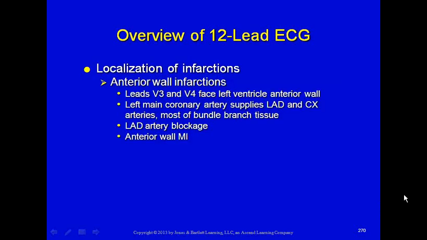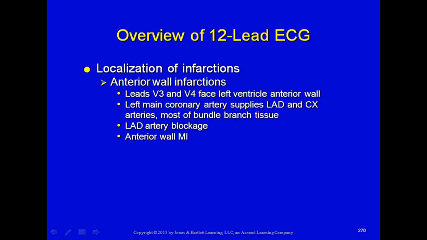Anterior wall infarcts: leads V3 and V4 face the left ventricular anterior wall, and the left main coronary artery supplies the LAD and the circumflex and most of the bundle branch tissue. When you've got an LAD artery blockage, it's called an anterior wall MI. If you've got elevated ST segments in V3 and 4, that's more than likely the LAD.